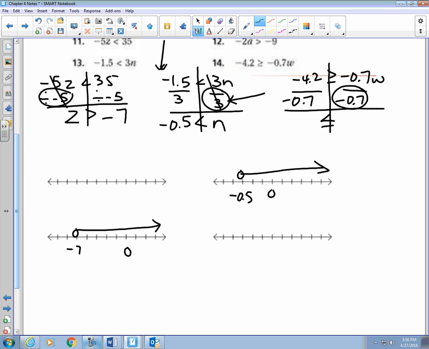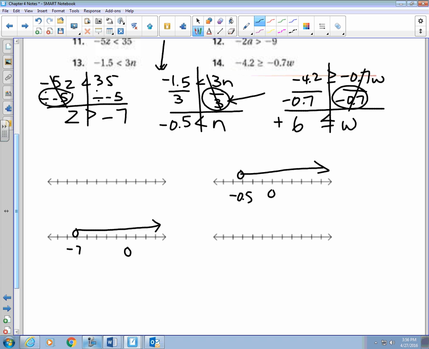Now, negative 4.2 divided by negative 0.7 is going to give us a negative divided by a negative is a positive. 4.2 divided by 0.7 is equal to 6. On the other side, the negative 0.7s are going to cancel out, and all I'm left with is w.